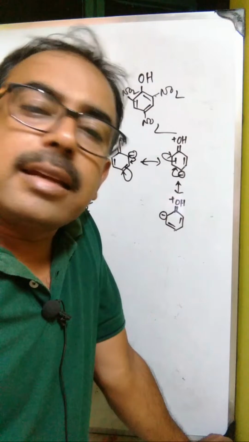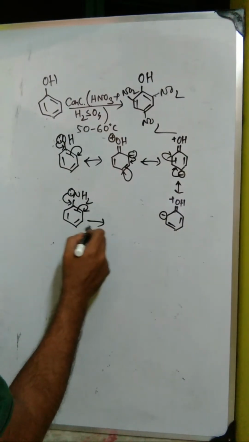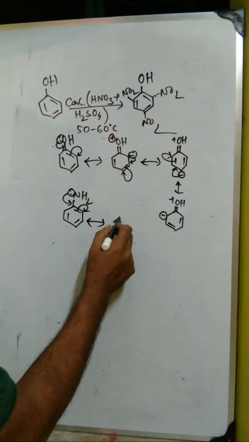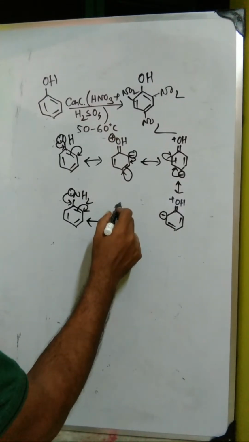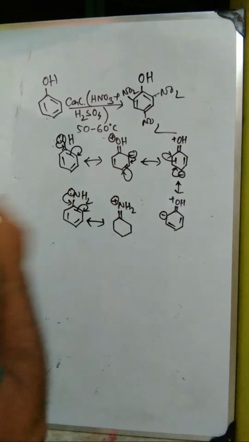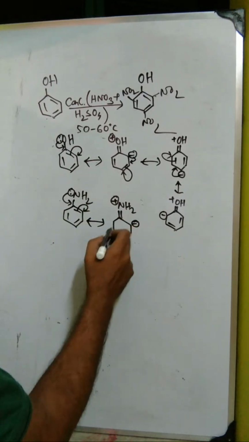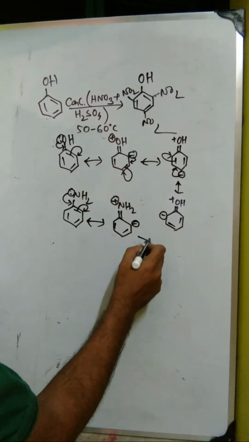So in the case of aniline, the same thing happens. The resonating structure of aniline is: double bond, NH2 carries a positive charge, and it has given up its lone pair of electrons.